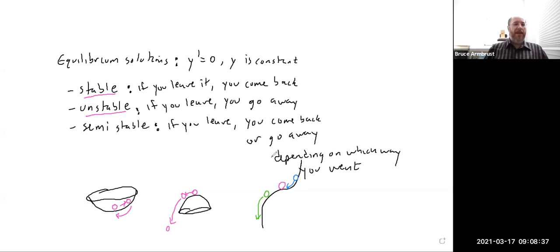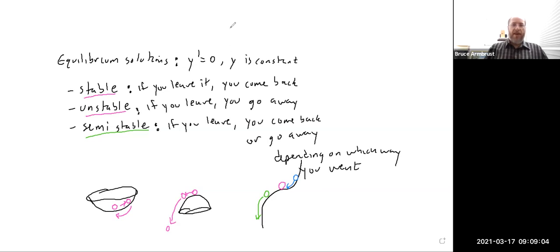You may remember in Calc 1, these were critical points that didn't lead to extrema. In this situation, this is the semi-stable, because depending upon which way you go, you may or may not come back to where you started. Hopefully that makes sense for stable, unstable, and semi-stable.